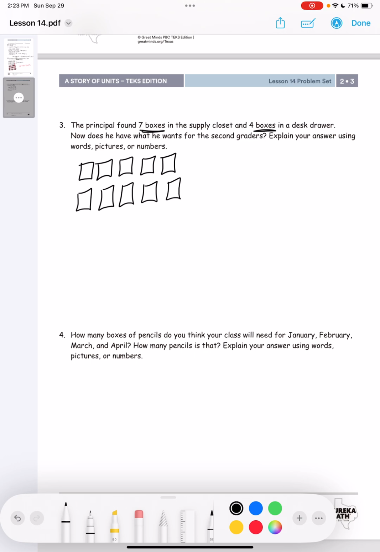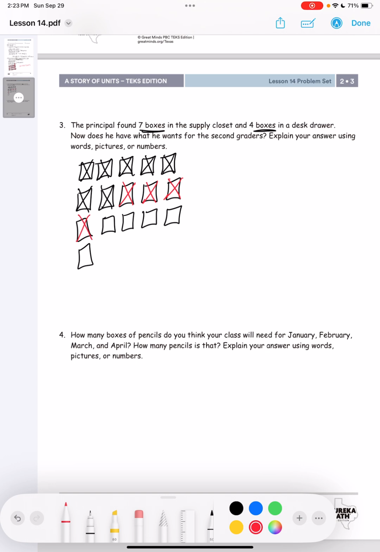He found 7, so I'm going to mark off 7. He found those in the supply closet, and then he found 4 in a desk drawer. So I'm going to mark off 4 more. So basically, I did 7 plus 4, and that gave me 11.